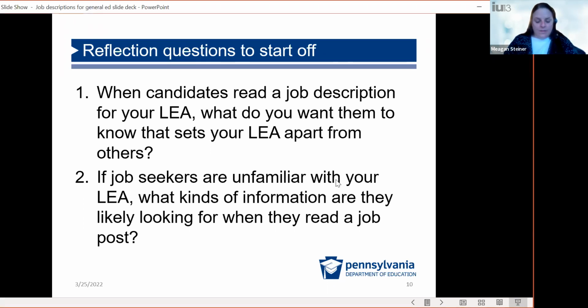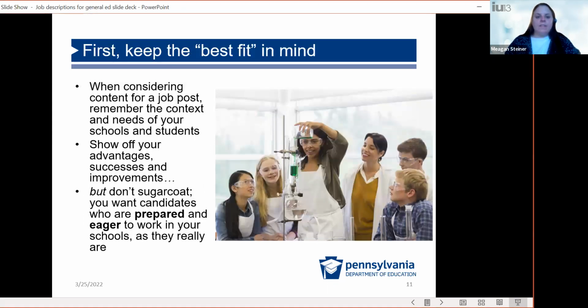All right. So let's keep the best fit portion in mind. I mentioned that at the very beginning of this presentation, that when there's the shortage, when the market is competitive, it is easy to get in the mindset of we just need people. But of course, really, we need the people because we want them to serve our students well. And so that's where this slide comes in.